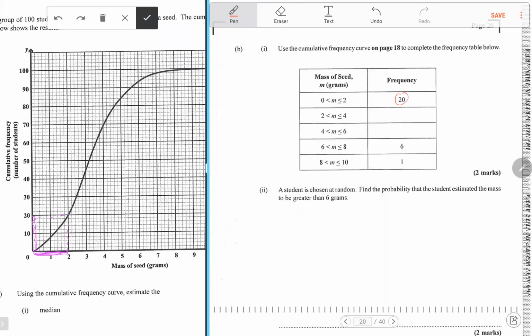And then now between 2 and 4. So between 2 and 4 now, let me erase this. Between 2 and 4 will be this block of students. These are the measurements between 2 and 4. And so it corresponds to the block of students inside here.